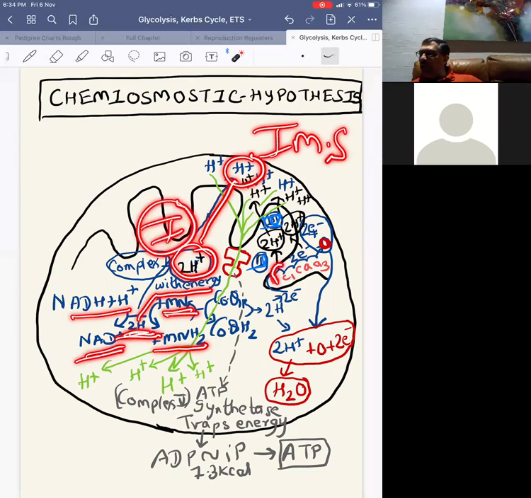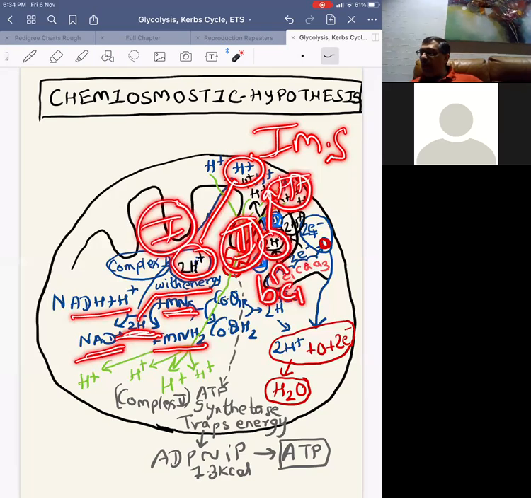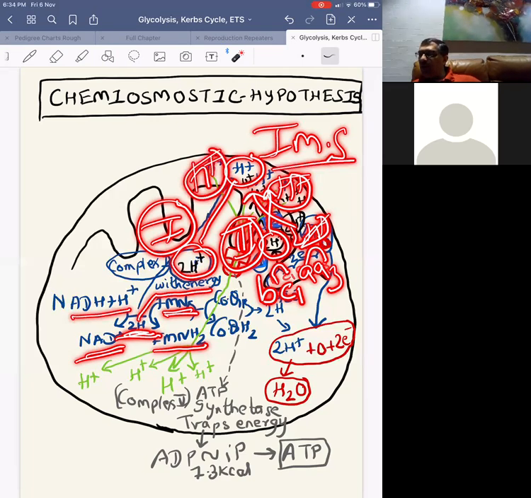Then from B to C1, again protons were pushed. That is called complex 3. And A to A3, again protons are pushed into the intermembranous space. That is called complex 4.